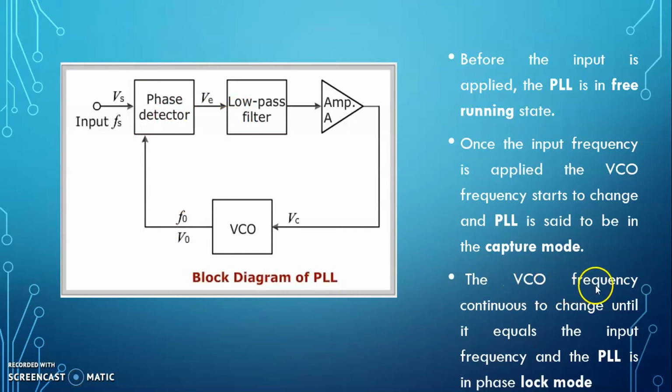The voltage controlled oscillator frequency continues to change until it equals the input frequency, and the PLL is said to be in phase lock mode. That is, after some time, the voltage controlled oscillator frequency is equal to the input signal frequency. In such a condition, the phase lock loop is said to be in lock mode.